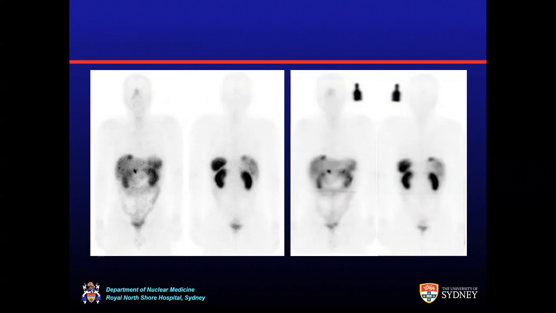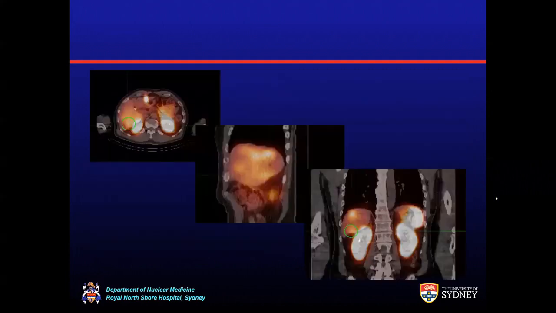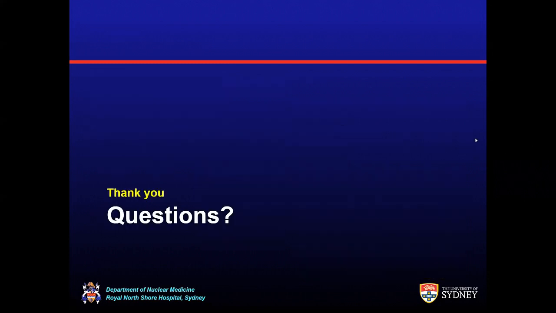Both the true planar and the reprojected planar provide similar information. Correlation with the SPECT CT data is obviously the best here again. And even on the SPECT CT data, the segment 6 hepatic lesion is subtle, but it is present.